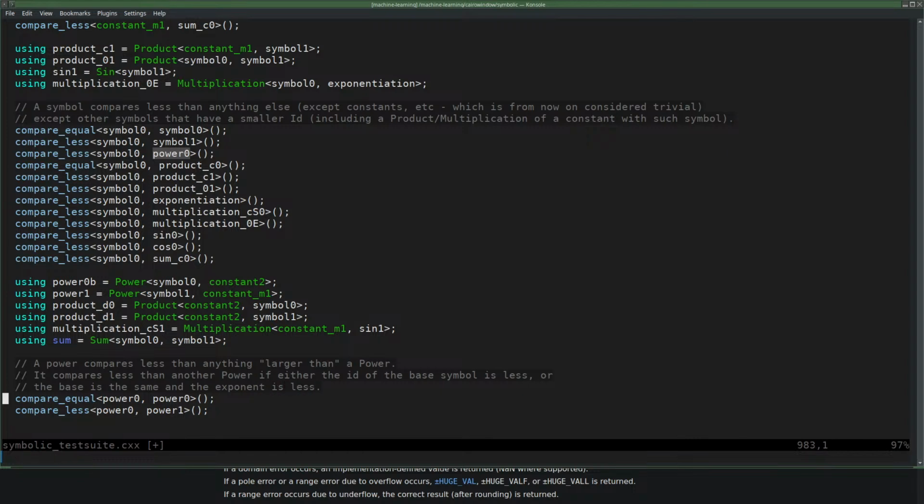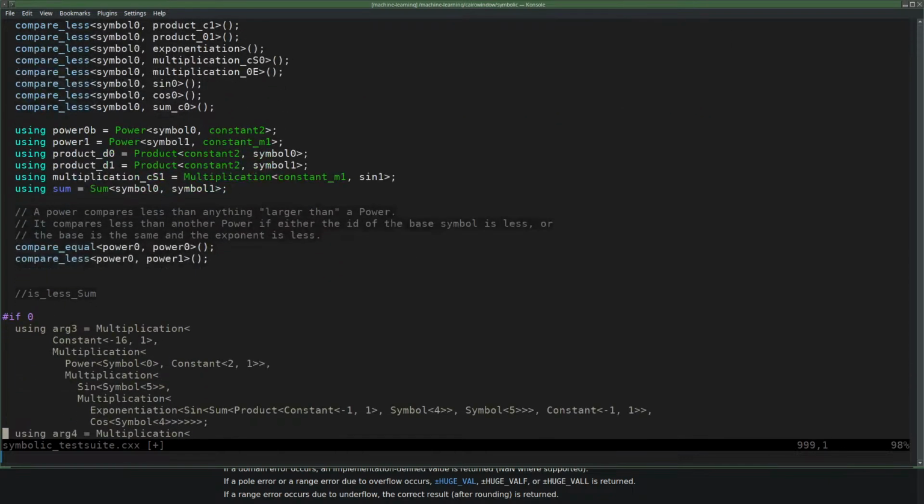I think that's what we're trying to do here. So obviously it compares equal to itself, and it compares less when the base is different and less.